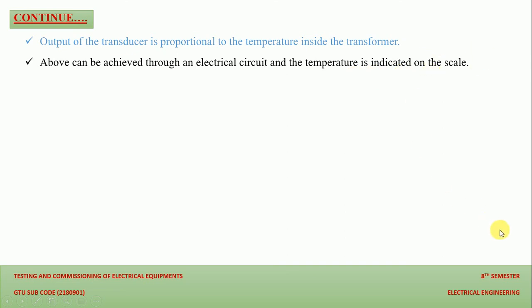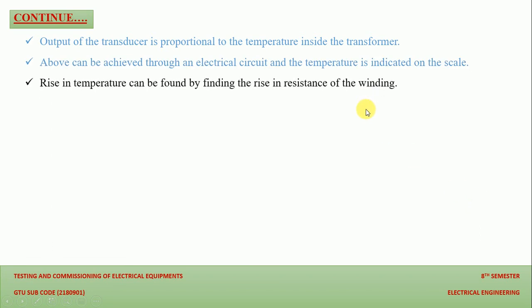For that we have different signal conditioning devices that will condition the signal according to the requirement, and that will show the reading of the internal temperature of the transformer in terms of the movement of the scale. Now the rise in temperature can be found by finding the rise in the resistance of the winding.